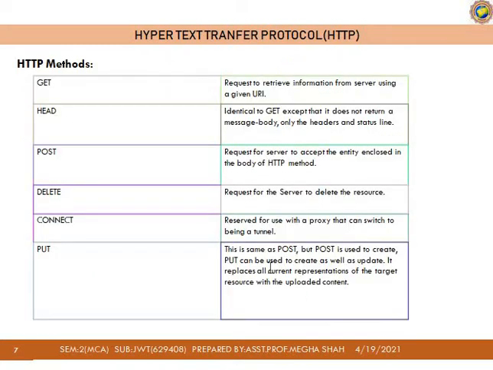Now, the HTTP protocol uses many methods like the get method, head method, post method, delete method, connect method, and put method. Before that, what is the structure of the HTTP protocol? Each and every protocol has its own structure.